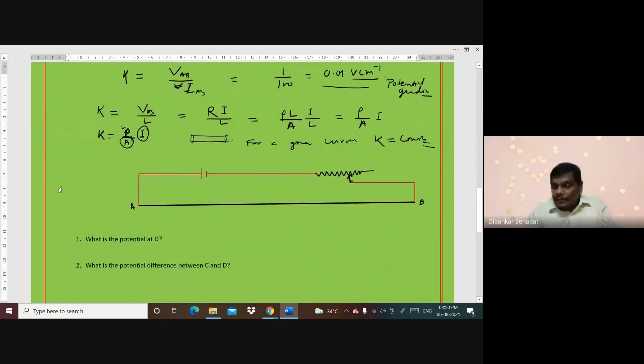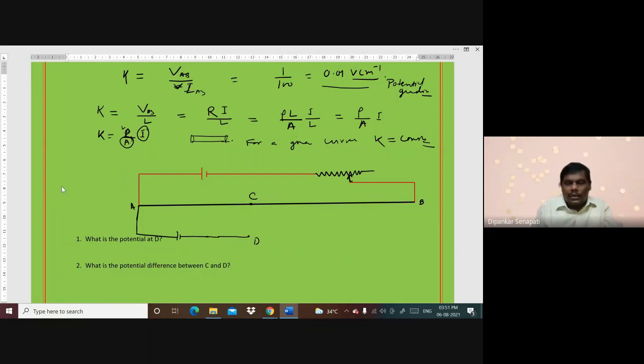Okay, second, again, let me connect this with a cell. Let me take a point C here, and here the point is D. Now, what is the potential at D?